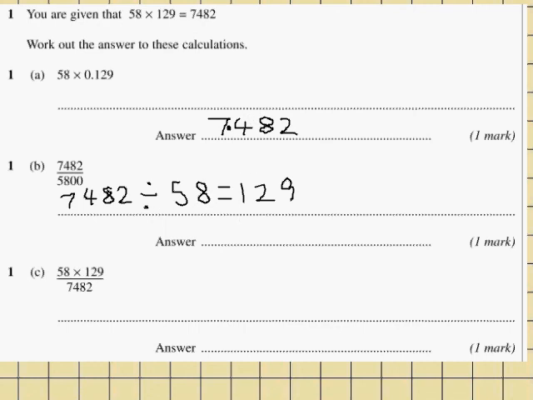However, our answer isn't 129 because we're not dividing by 58, we're dividing by 5800. You see that it's got two zeros at the end, so this is being divided by 100 more. In other words, we have to divide this by 100.